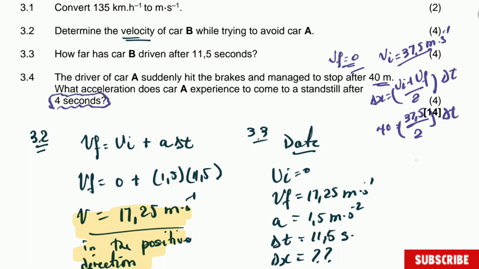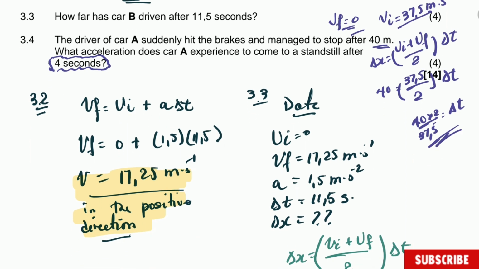So this one is going to be 40 multiplied by 2 divided by 37,5, and that will give us the time. So if we do this, actually this gives me that the actual time for the car to stop this distance from 37,5 was 2,13 seconds, which doesn't correlate with the 4 seconds.